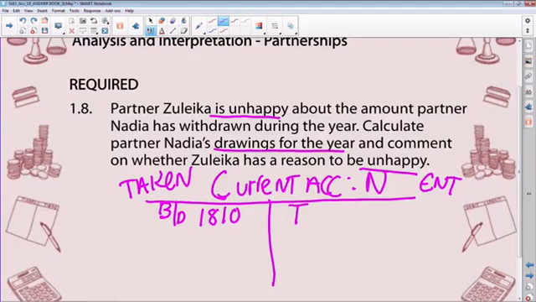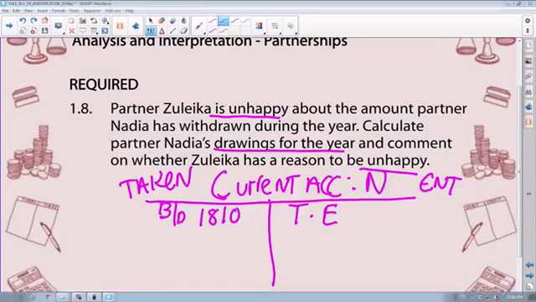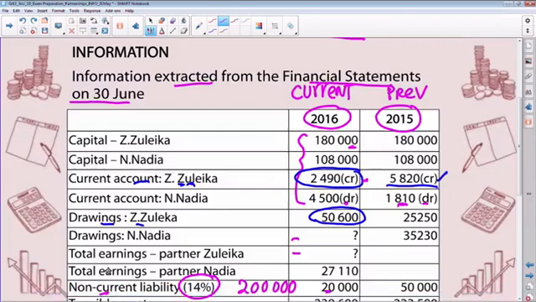Now let's look at her total earnings that she's entitled to take for this financial year. So her total earnings, okay, I think we've given her total earnings. So partner Nadia, her total earnings, 27,110.